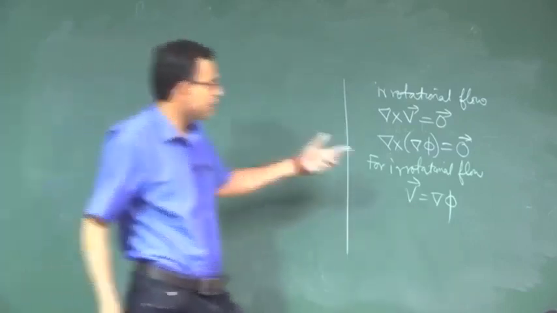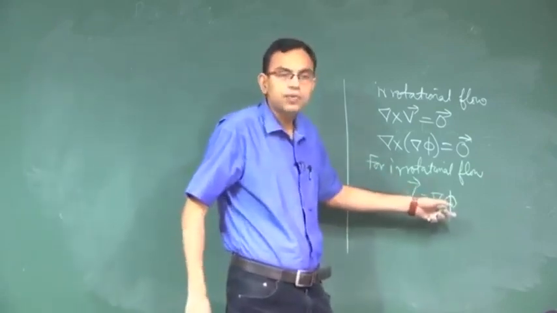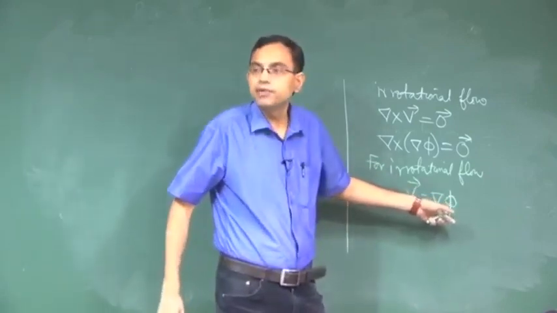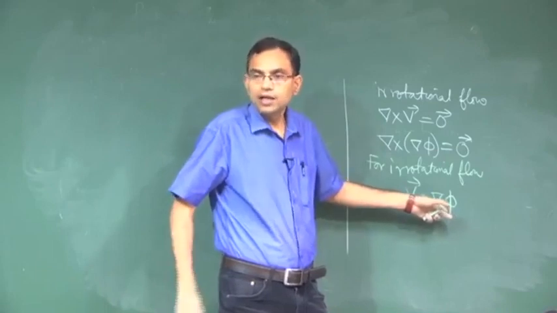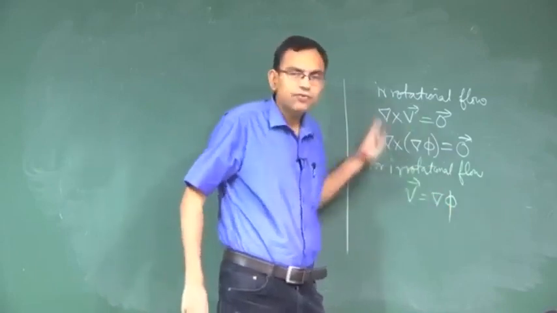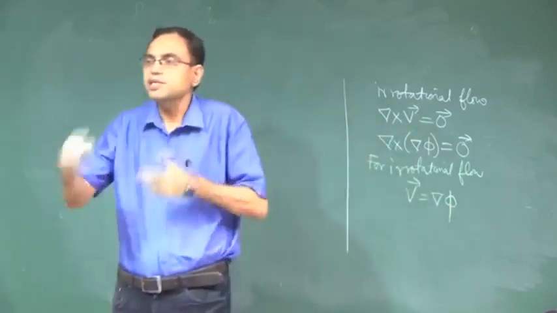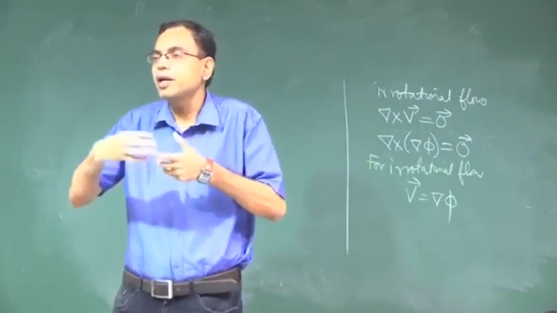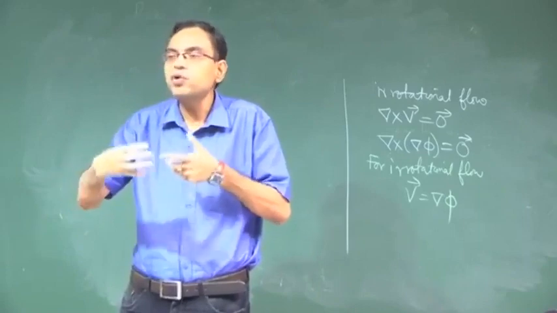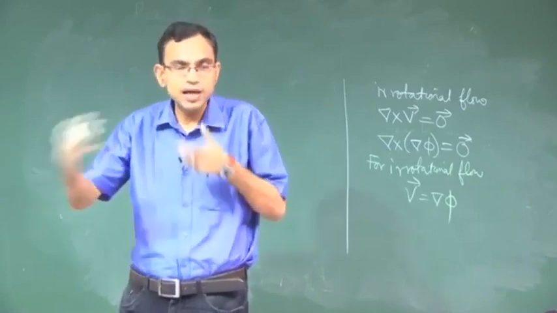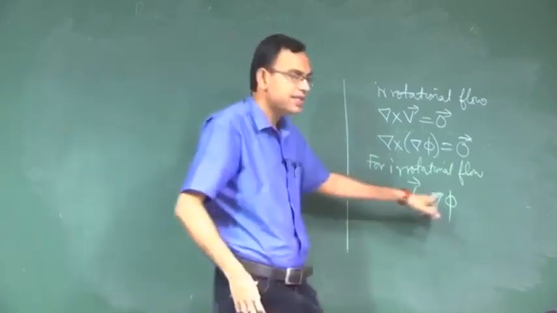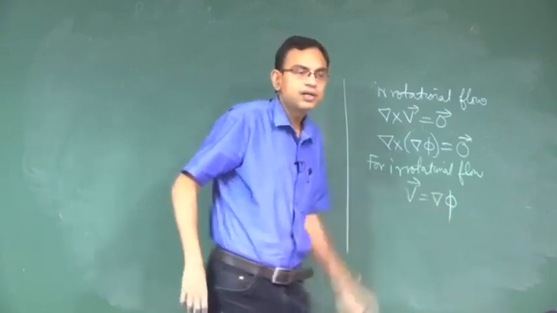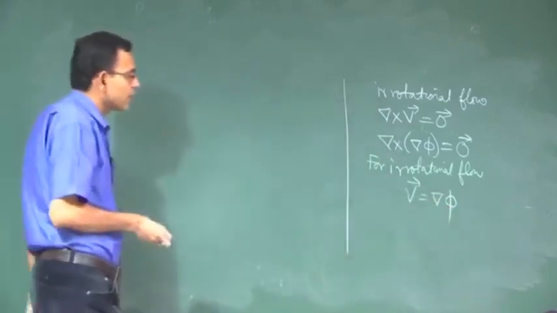So in field theory, a field can be expressed as a gradient of a scalar potential if it is a conservative field, and in an irrotational flow, if there is no viscosity or no viscous effect, rather the flow field will remain conservative, that means there will be no viscous dissipation, and that is why this can be expressed as the gradient of a scalar potential.